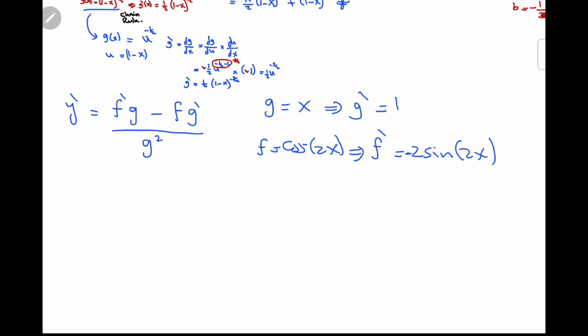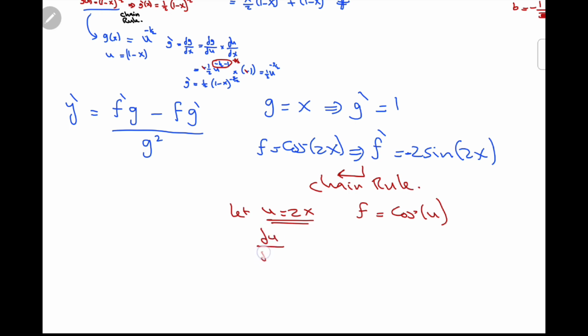Again, this is done using the chain rule. So we know that if you let u equal 2x, then we have f equal to cosine u.